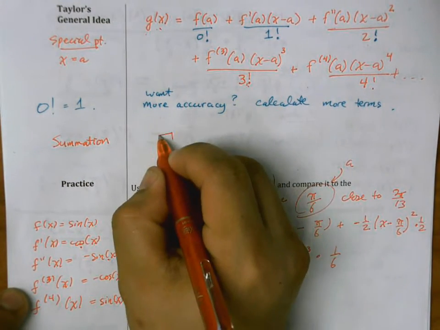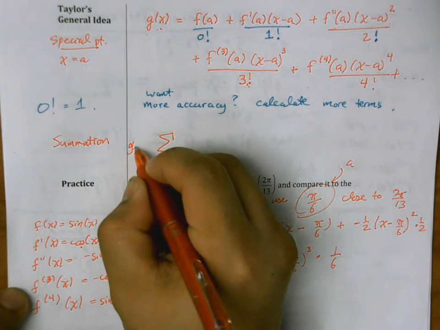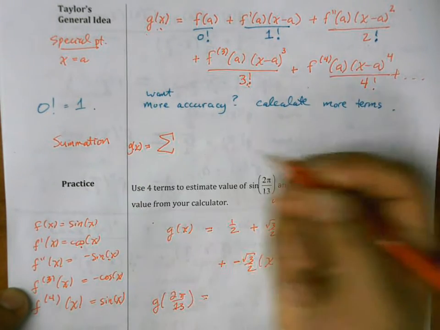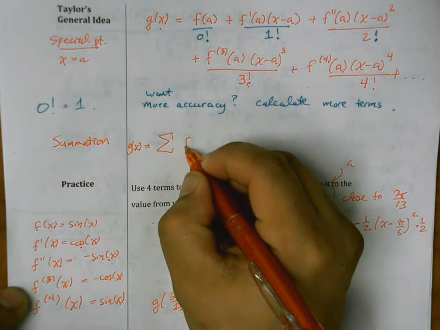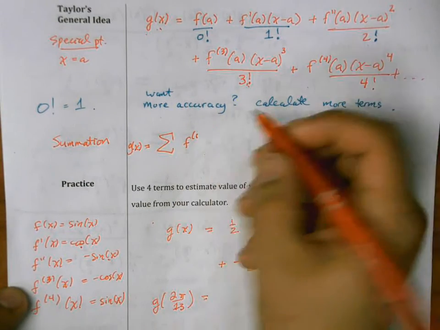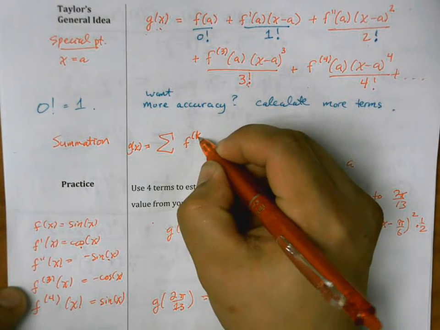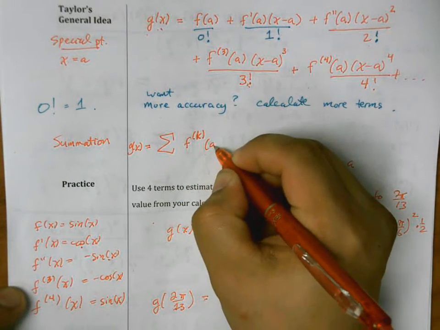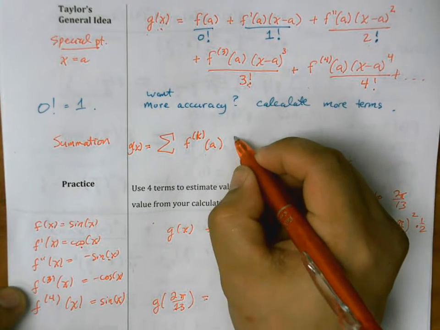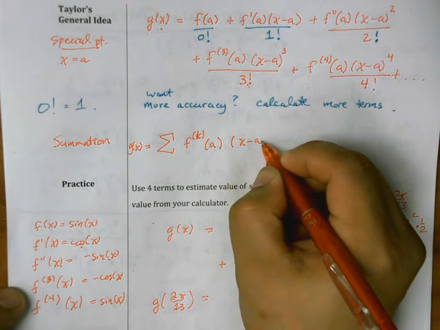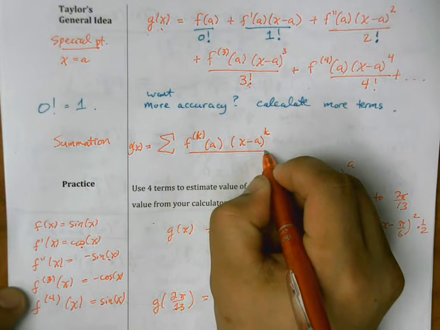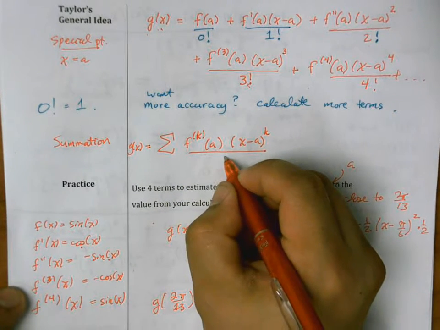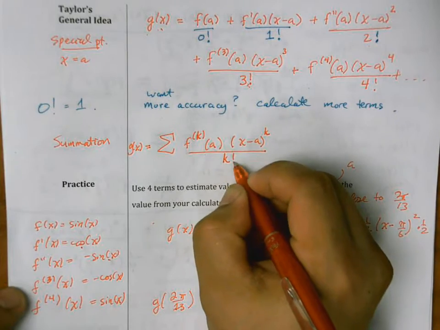So this is the summation symbol. So g of x is equal to the sum of f, we're going to use k here, our kth derivative of a, times x minus a raised to the kth power, all divided by k factorial.